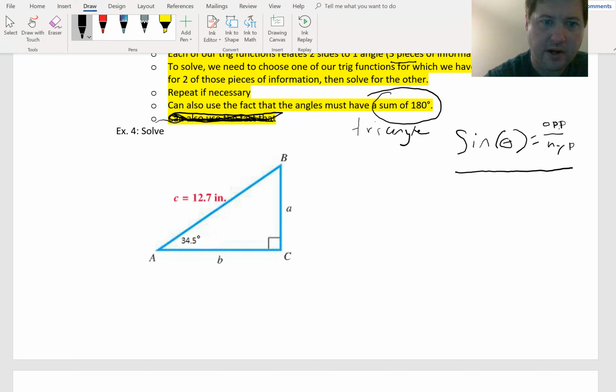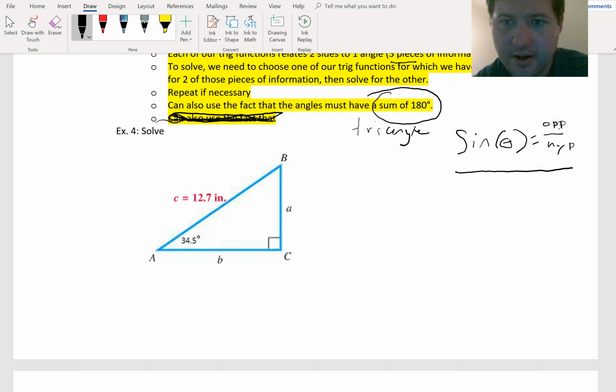Looking at our triangle, my angle is 34.5 degrees, I don't know the opposite side, but I do know the hypotenuse. So once again, I know the angle, I know the hypotenuse. The only bit of information I'm missing is that opposite side. But we've got two of the three values to plug into our formula, and that's more than enough. In fact, it's the exact amount we want.